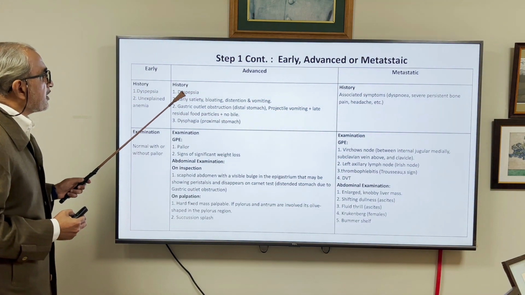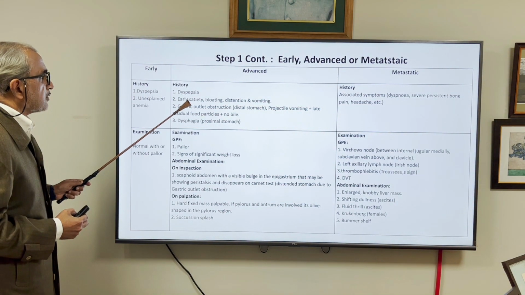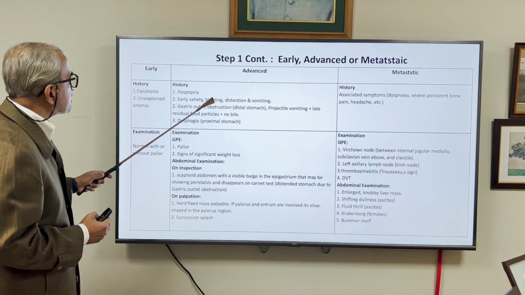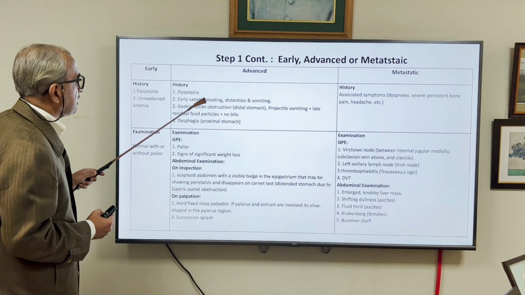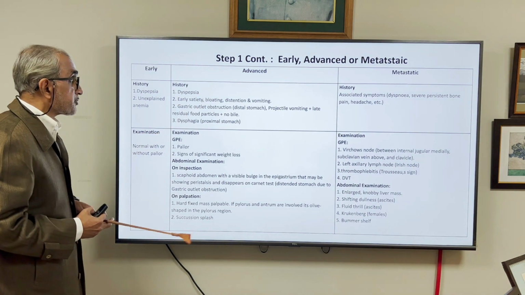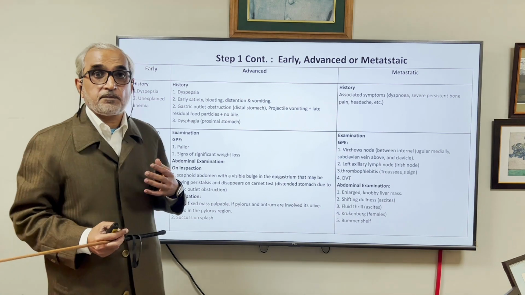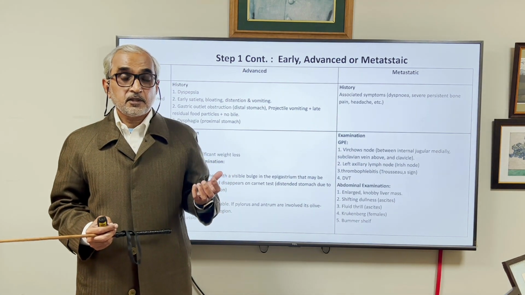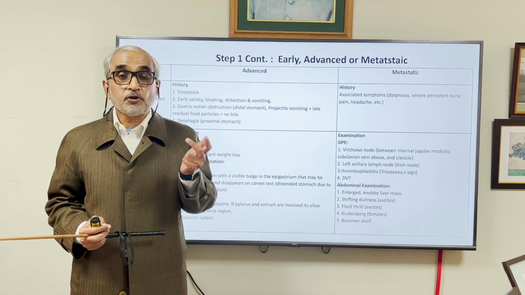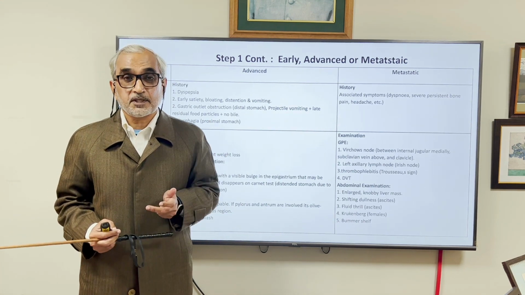If a patient gives a history of dyspepsia, early satiety, bloating, distension and vomiting, in fact these symptoms like bloating and satiety are also related to the GIT and fit into dyspepsia. In gastric outlet obstruction, the patient complains of projectile vomiting which has residual food particles which are not supposed to be there.